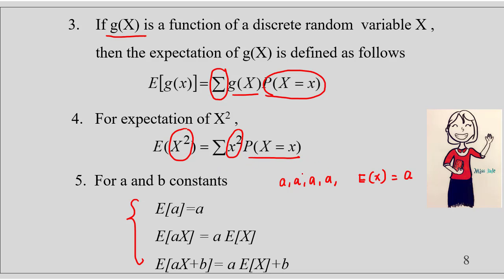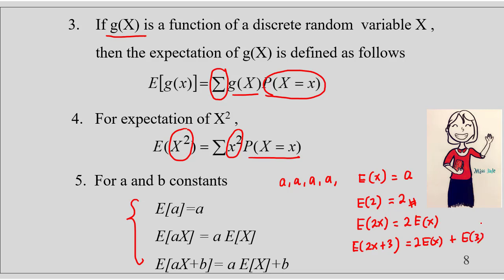So if you are given a constant such as E(2), the mean is 2. If you are given E(2X), the new mean will be 2 multiplied by E(X), because it is double the existing random variable. If you are given E(2X plus 3), it becomes 2E(X) plus E(3). What is E(3)? We are back to the first concept, so it becomes 2E(X) plus 3.